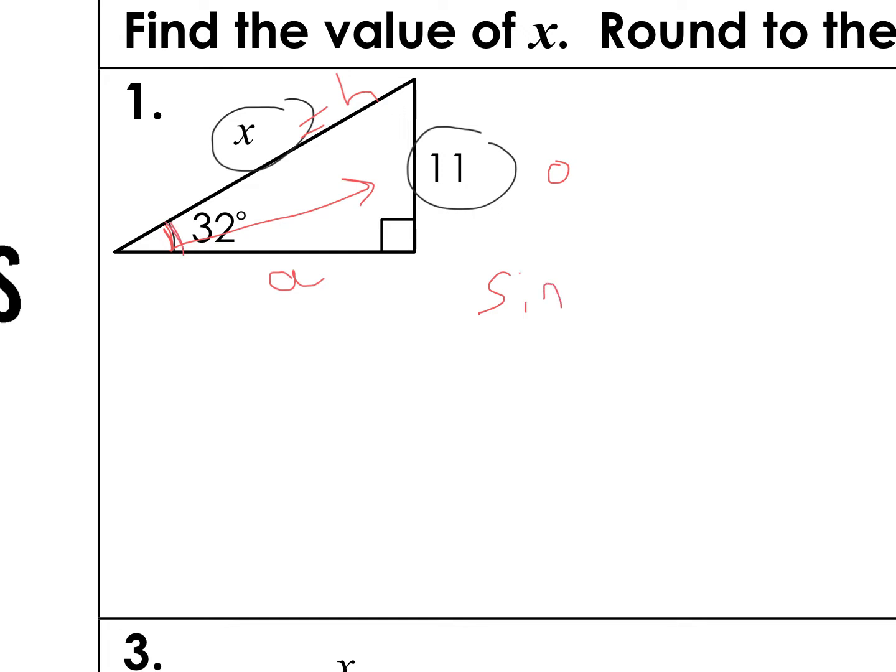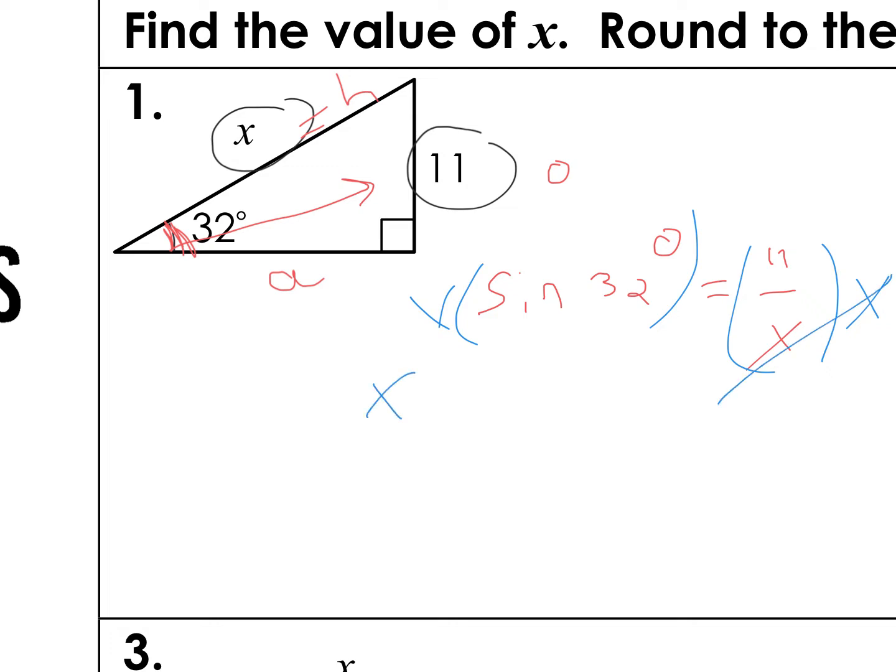Sine of this angle, not any other angle, just this angle here, is equal to opposite over hypotenuse. Now I have to get x by itself, so I will multiply both sides by x, which cancels out the x, leaving x times the sine of 32 degrees is 11.